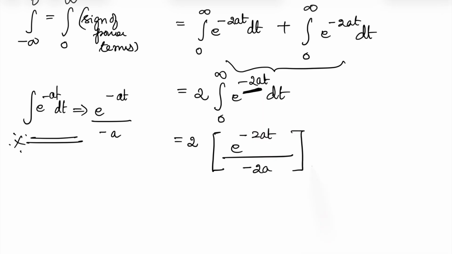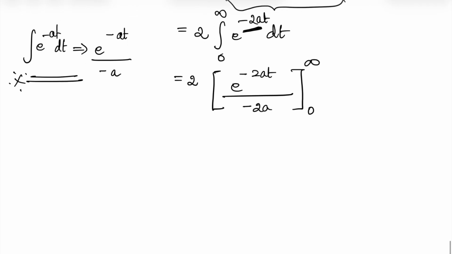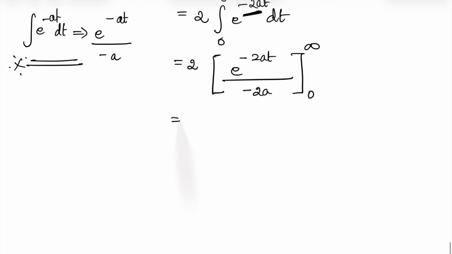And what happens to the limit? It is 0 to infinity. So how can I write it here? I am cancelling out this 2 and this 2. So in turn I will have minus 1 by a, e power minus 2at with the limit 0 to infinity.